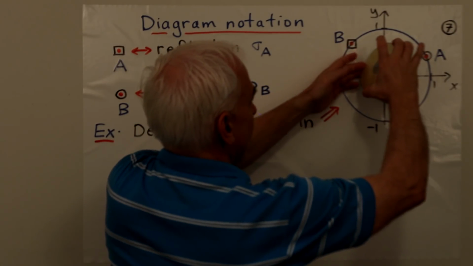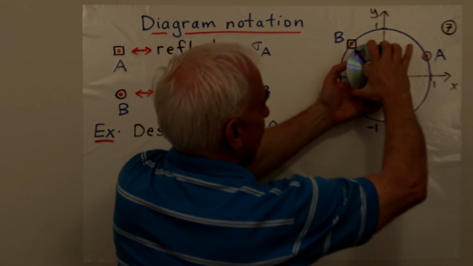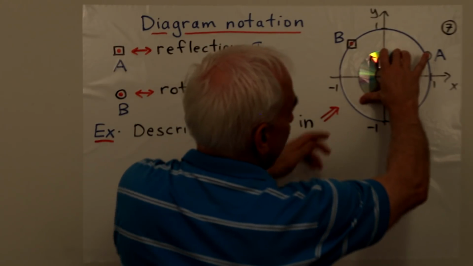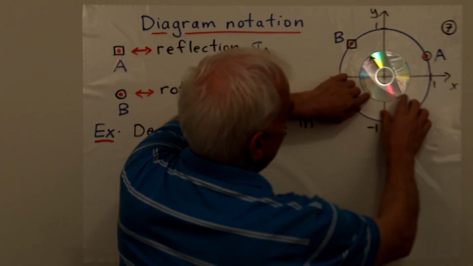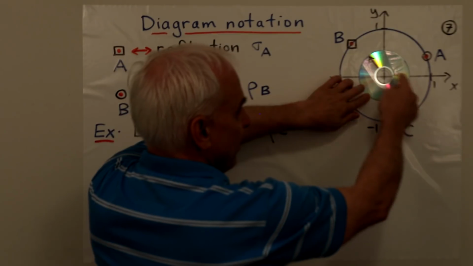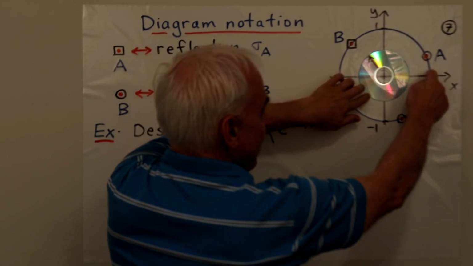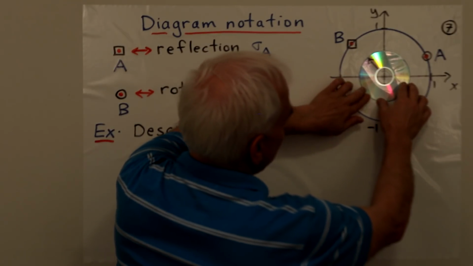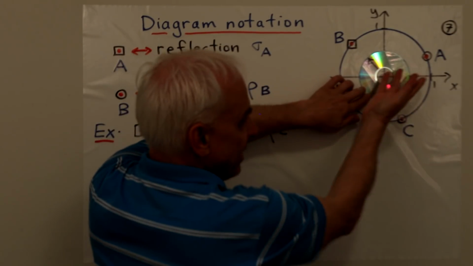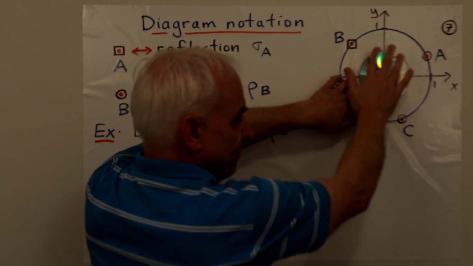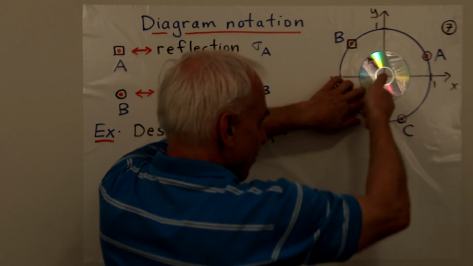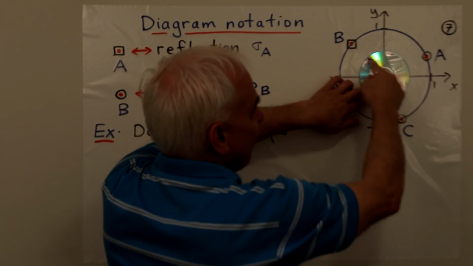Maybe I can just do it like this. If we go back there, then you see that the part of the circle that was originally aiming towards here is sent to pretty well B, maybe adjust it like that. And otherwise, it has been a reflection, so things have been transformed across the mirror image.